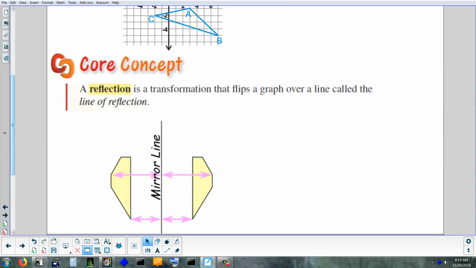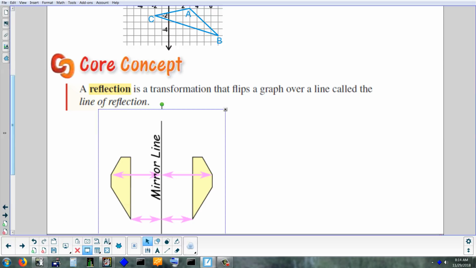So here's an example of a reflection. If you pretend this was a piece of paper and you folded the paper right on that mirror line, what's on the left would land exactly on what's on the right. Right? It's a mirror image. You couldn't just take what's on the left and slide it to the right and have it look the same.